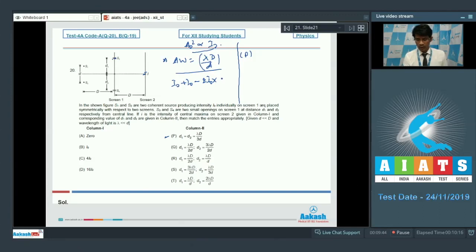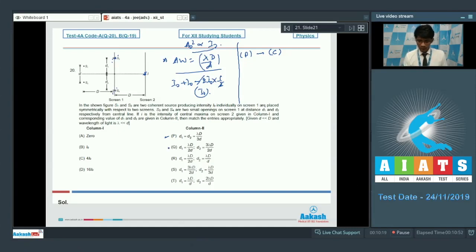It will come out to be 1 by 2 here, so the intensities at these points S3 and S4 will be I0. Now once the amplitude here is A0 squared, or intensity is I0, here also it is the same. So at the central point, the resulting intensity will be 4 I0, because from here to here they will be interfering in a constructive manner. So I would say for P, it is C that is matching with P.